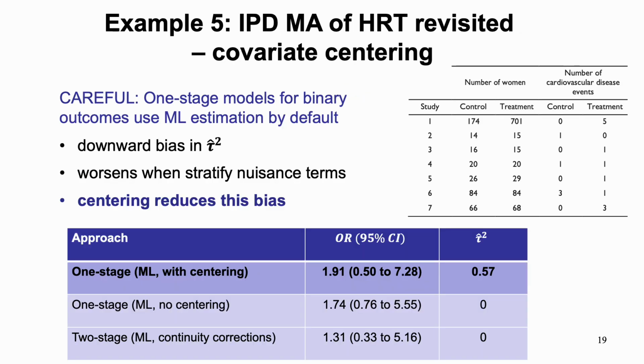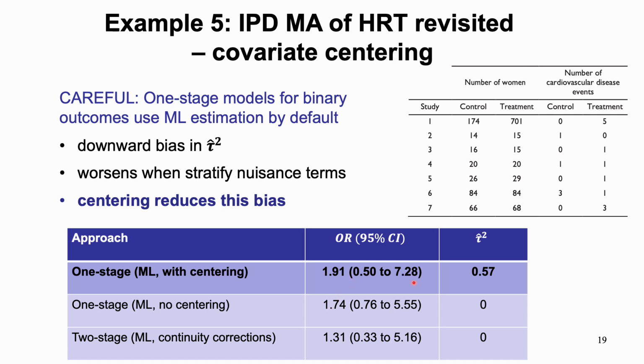So covariate centering, let's go back to the hormone replacement therapy IPD meta-analysis with the 7 trials. Before I didn't mention centering, but if we were to use a one stage with centering, we get 1.91, but a one stage without centering gets 1.74.